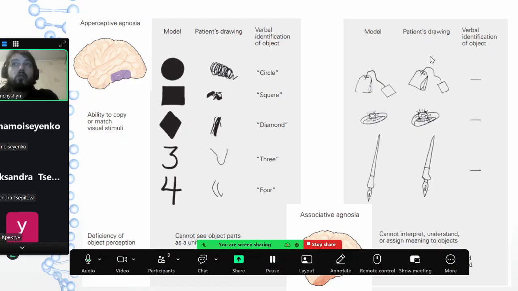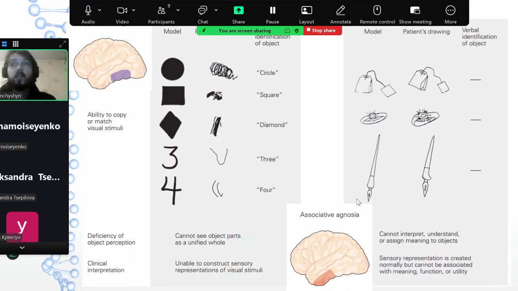So he can draw you a tea bag, but he cannot call it a tea bag. He does not know what that is. So this sort of damage may lead to the fact that people cannot interpret, understand, or assign meanings to objects. Sensory information representation is created normally, but cannot be associated with some meaning, function, or utility of the object.